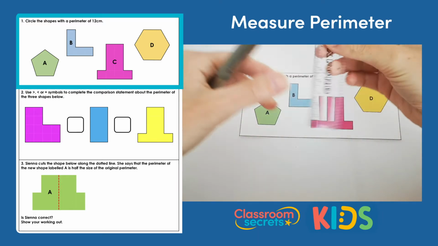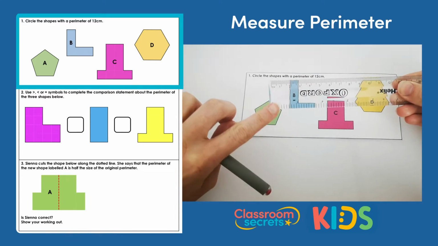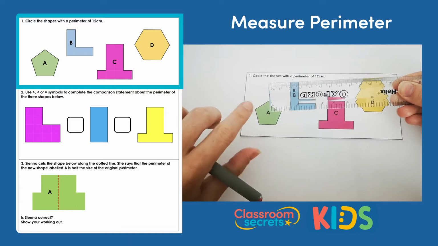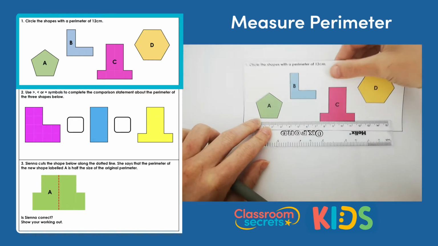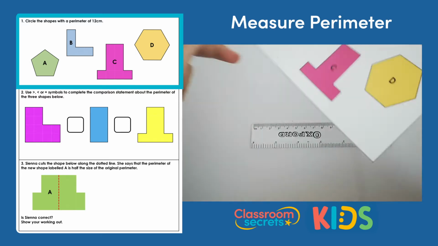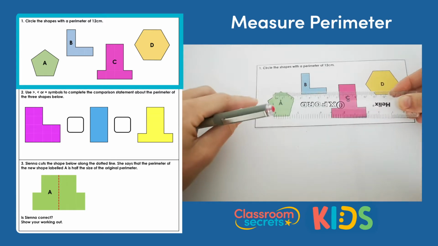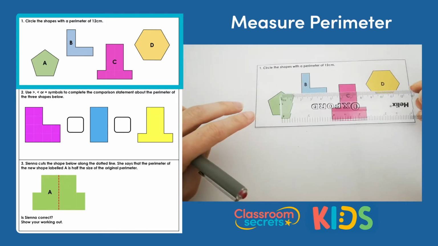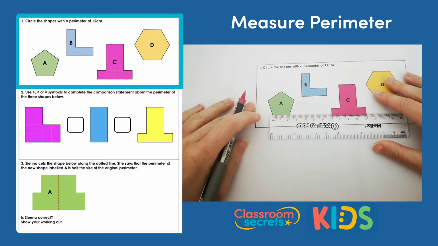We'll need our ruler, and you'll need to make sure you're measuring with the centimetre side of the ruler, not the inches. So you can get your sheet of paper, and remember you can literally move it any way at all. Or you can move your ruler, whichever way you find it easiest to have your paper and your ruler in front of you.